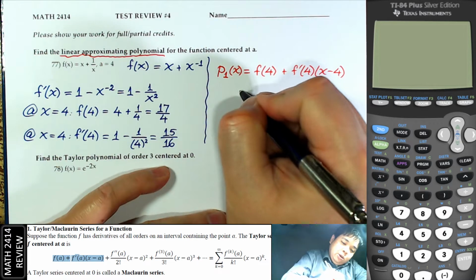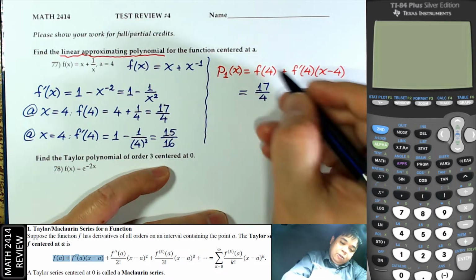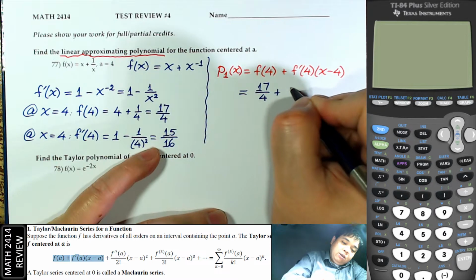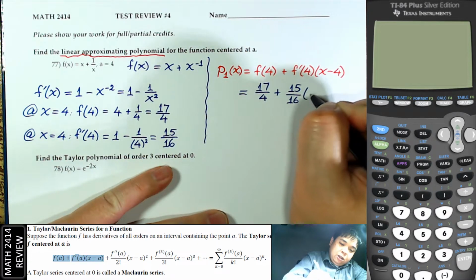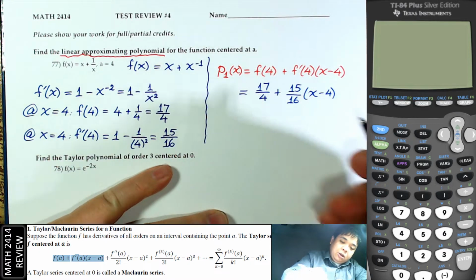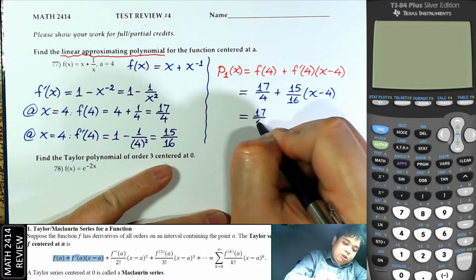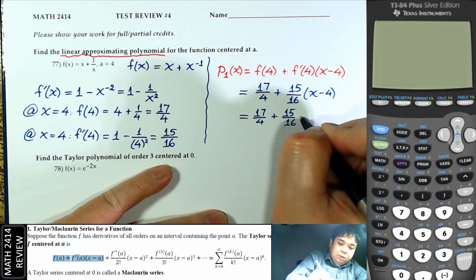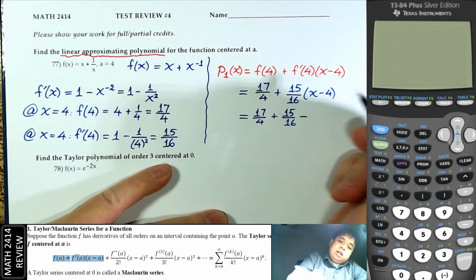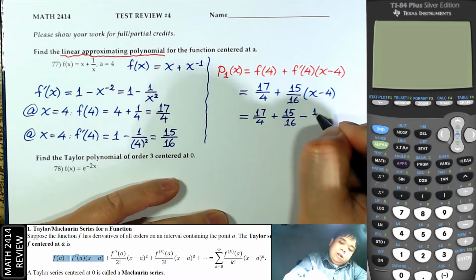Right, so f of 4 is 17 over 4 plus the derivative 15 over 16 times x minus 4. I'll multiply this out. 15 over 16 times 4: 4 and 16 cancel out, we have 15 over 4.